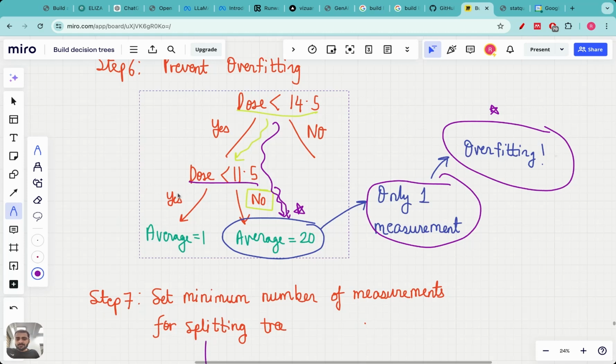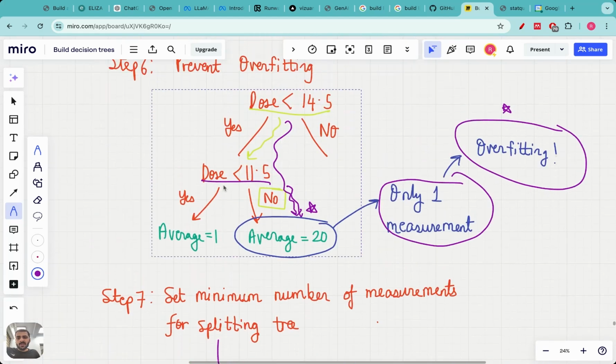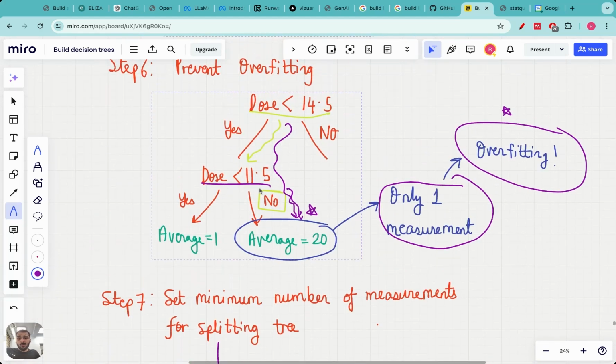But look at the minimum number of measurements for splitting the tree. If you look in the yes category and in the no category, and you have this minimum number of measurements already set, then you won't even make that split. So splitting should be done only if there are a certain minimum number of measurements.